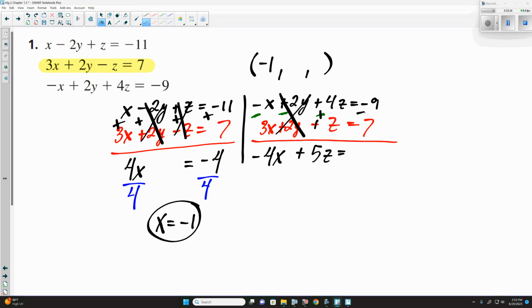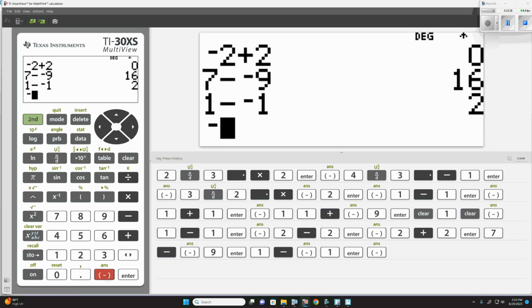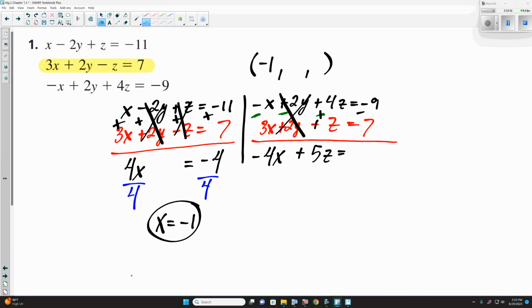Isn't that positive 4? So negative 1 minus 3. Wait, what? Okay. If it was the other way around, 3x minus negative x, then it would be. And lastly, negative 9 minus 7 is negative 16.